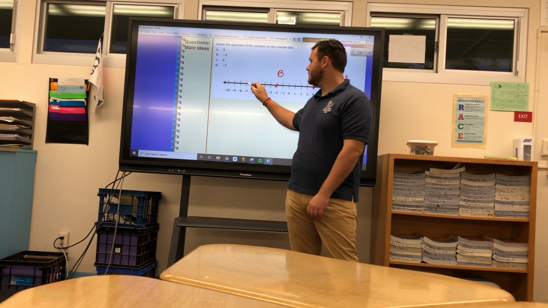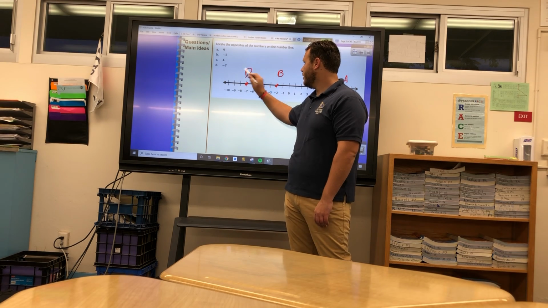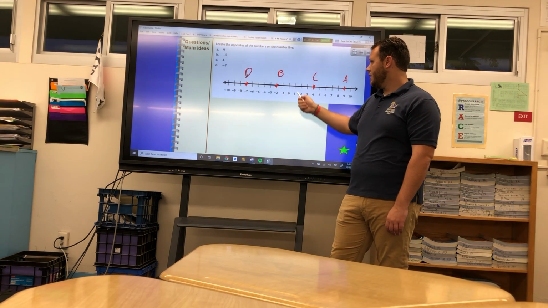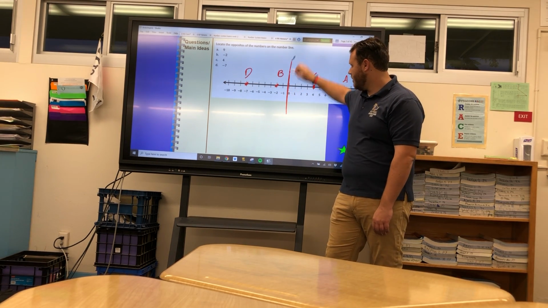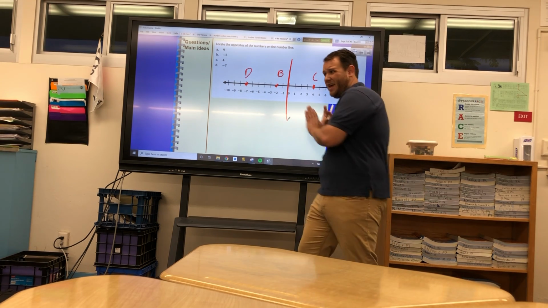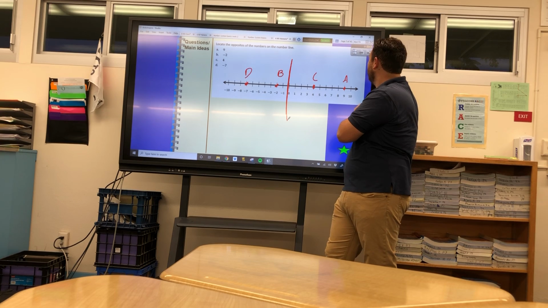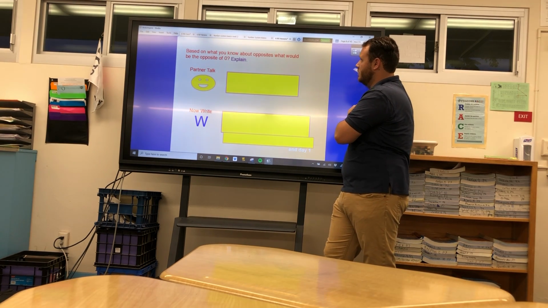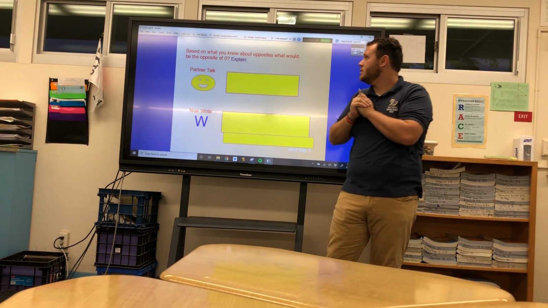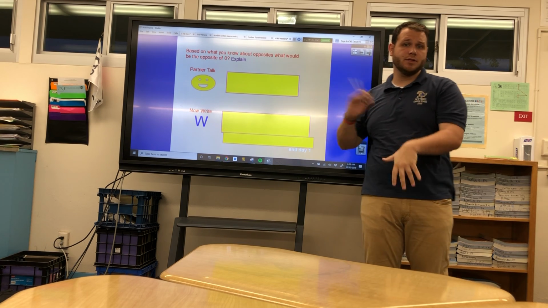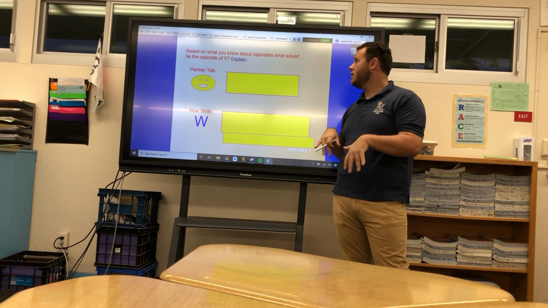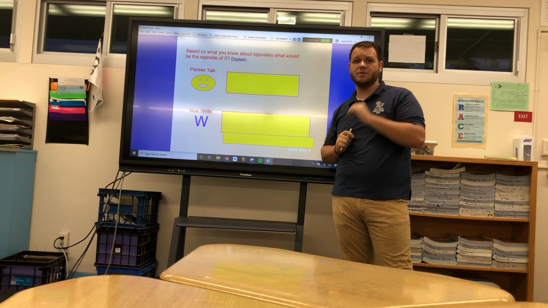And D is negative 7, all the way over here. Guys, 0 is the balancing point. Everything on that side is a negative number. Everything on this side is a positive number. So, knowing what you know about integers and opposites, I want you to tell me, what would the opposite be of 0?